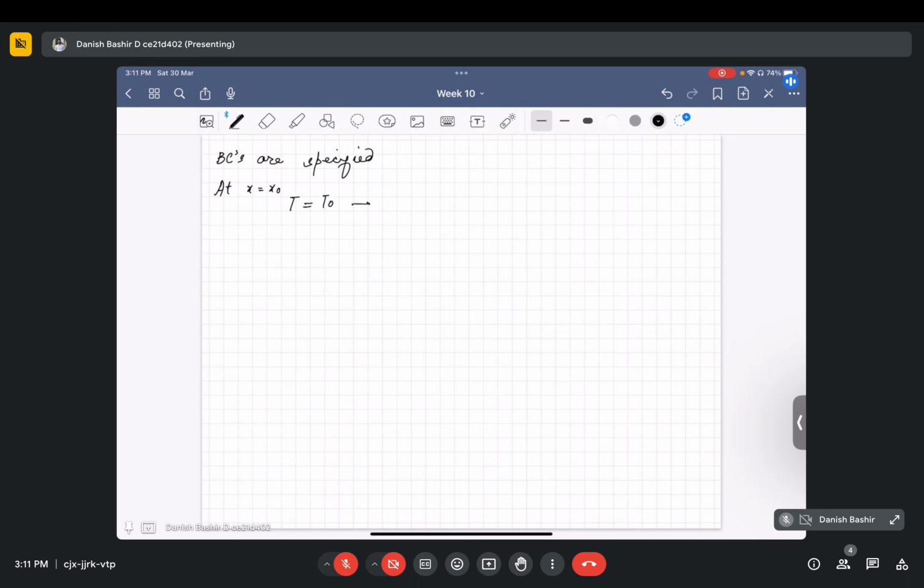It is a specified constant. If we see the nature of this boundary condition, this is an essential boundary condition.